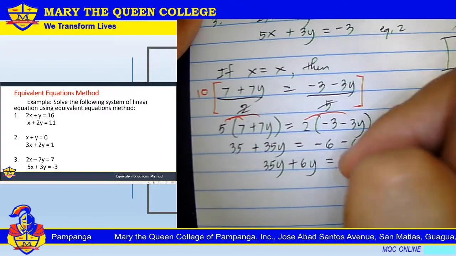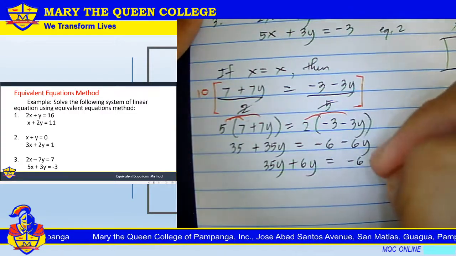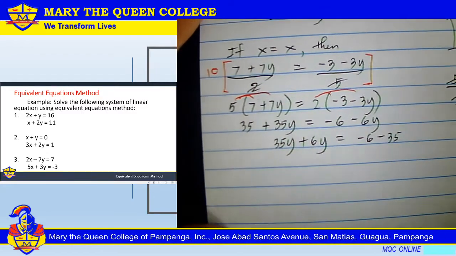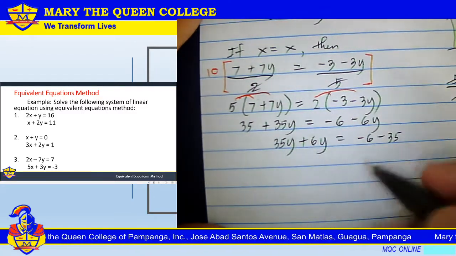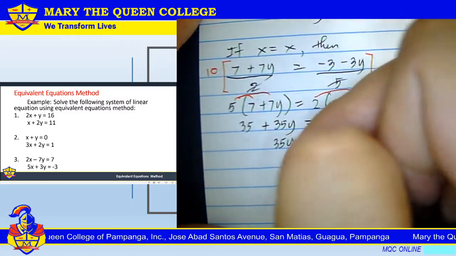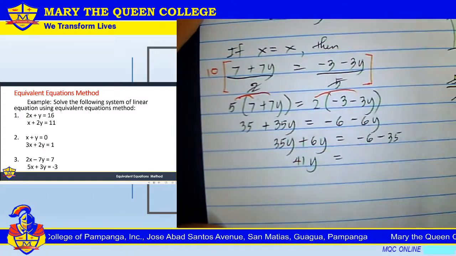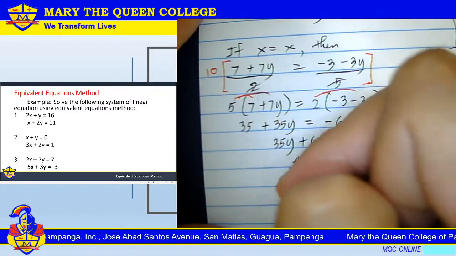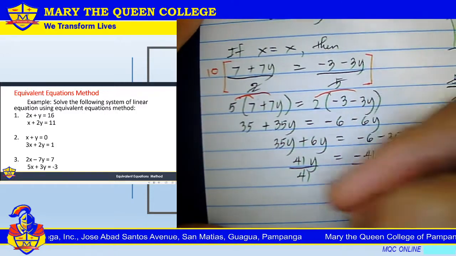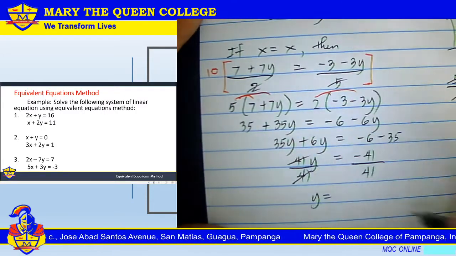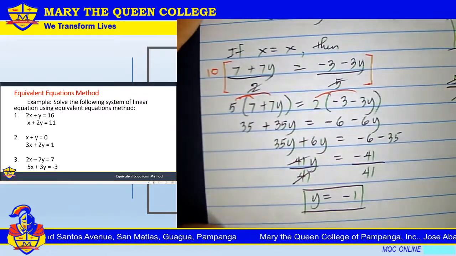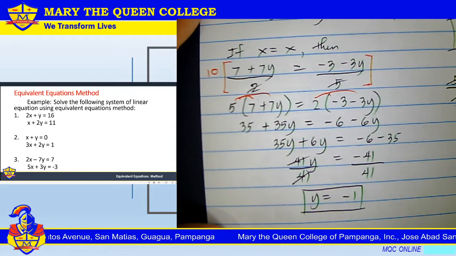Sa kabila naman, negative 6, ilipat mo ito magiging minus 35. And then, combine na natin to 35 plus 6, that is 41y is equal to negative 41. Divided by 41 here, divided by 41, cancel mo to, y is equal to negative 1. Okay? So, we have a value for y now.